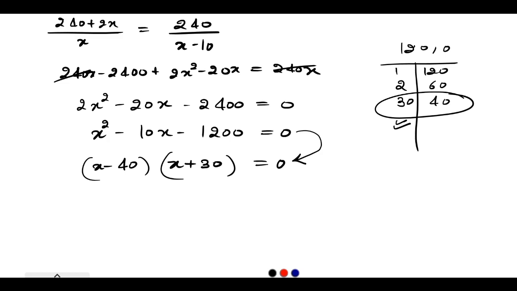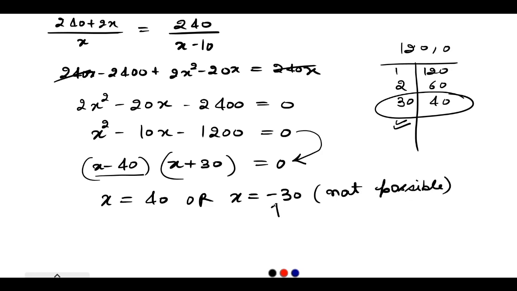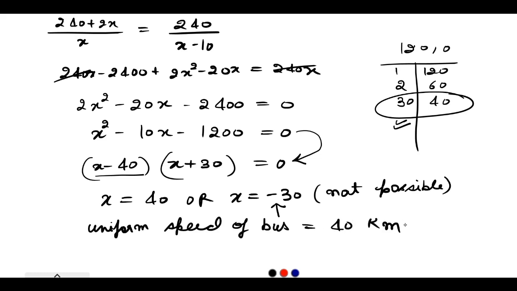Link is given in the description box. You can see. If x minus 40 is equal to 0, then x is equal to 40 and if x plus 30 is equal to 0, then x is equal to minus 30, which is not possible because speed cannot be expressed with a negative sign. So the original speed of the bus is 40 km per hour. Uniform speed of bus is 40 km per hour.